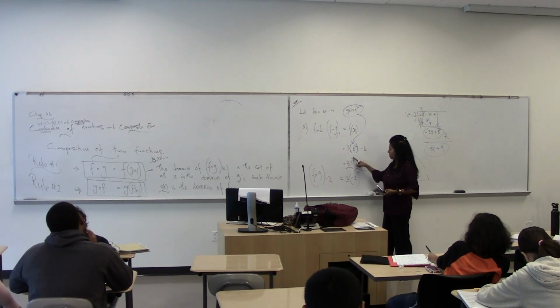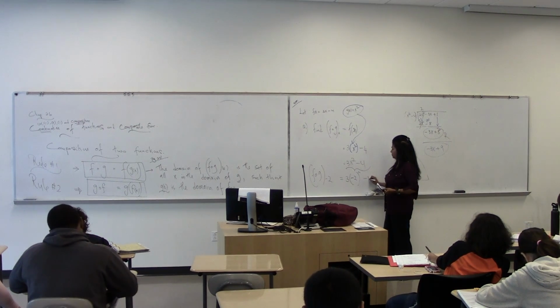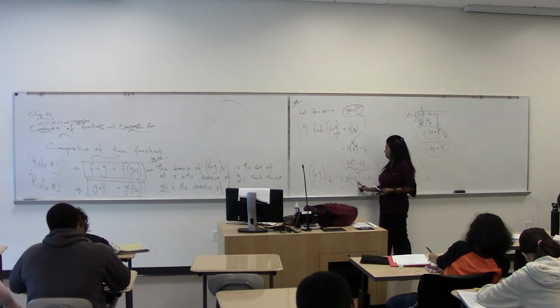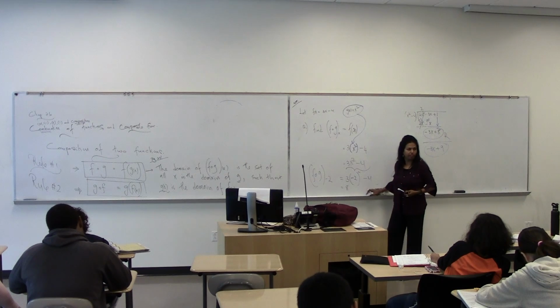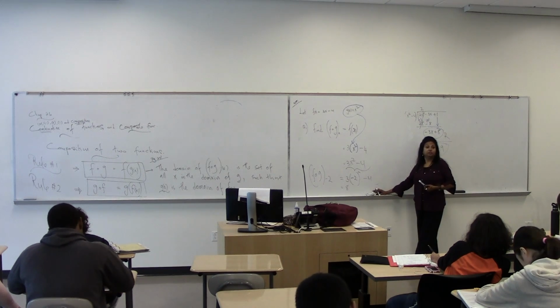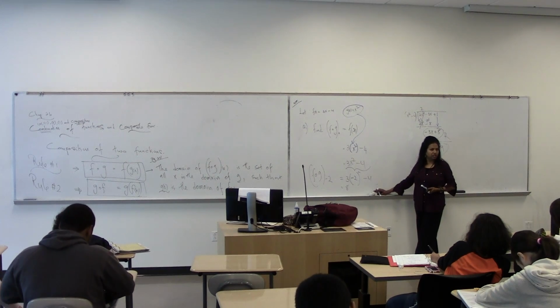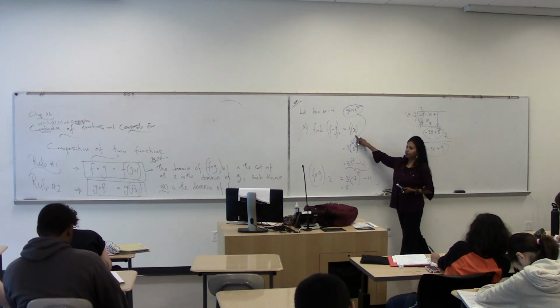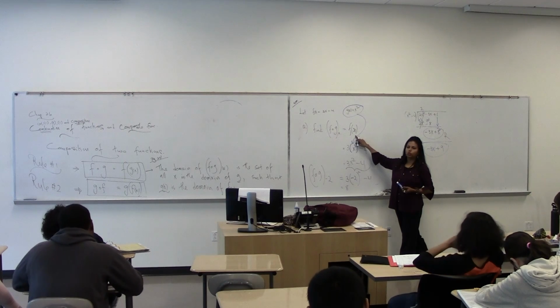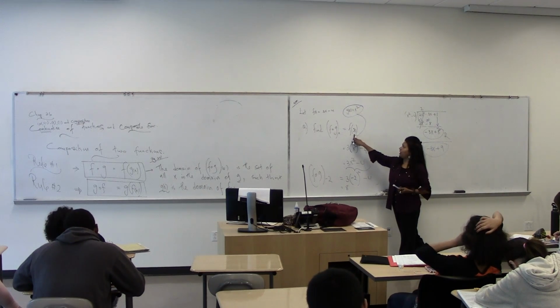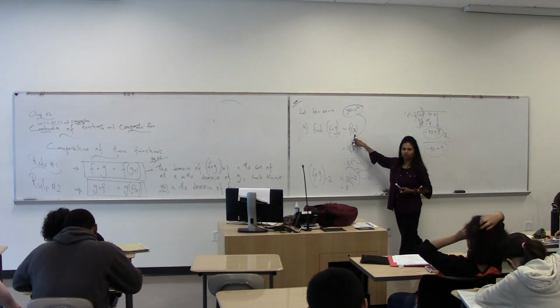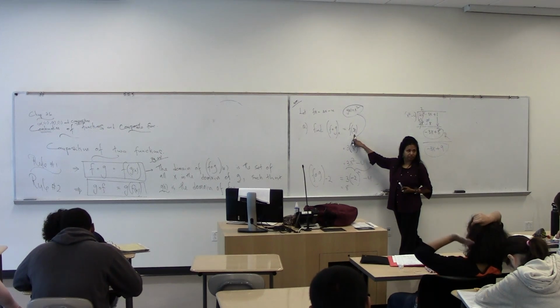X is -2, so this is x squared minus 4. So we get positive 4, 12 minus 4 is 8. Everybody understand? So it's not a big deal to find the composition of a function. All you have to do is apply the rule and know that this means f evaluated at g of x.